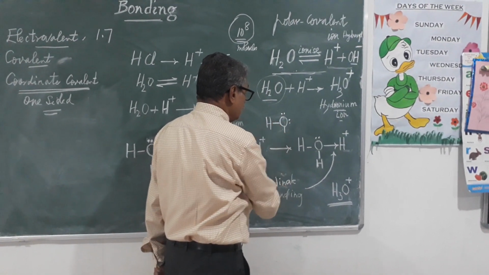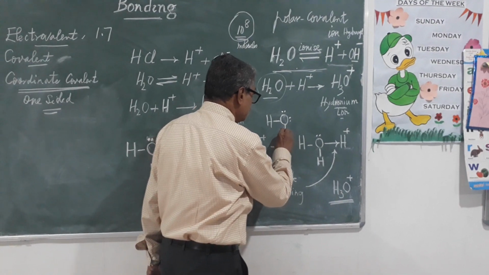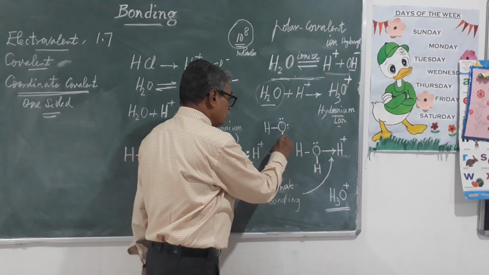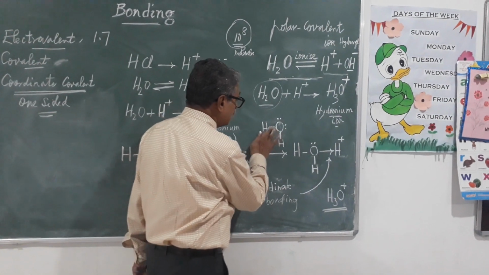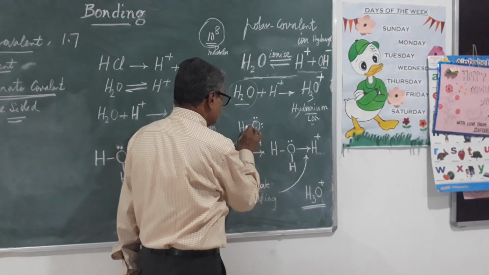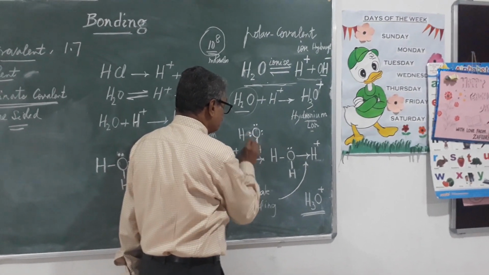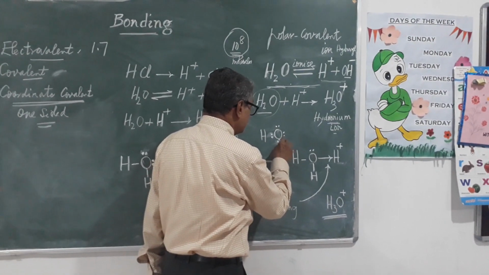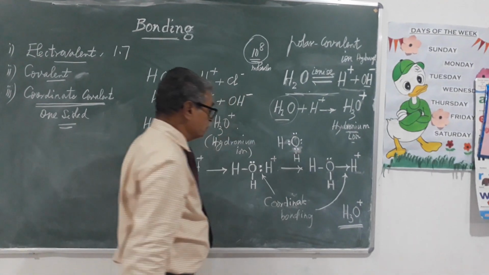One electron is combined with one hydrogen, another electron is combined with the other hydrogen. Actually, it was like this: one oxygen and one hydrogen, here also one oxygen, one hydrogen, and electrons.